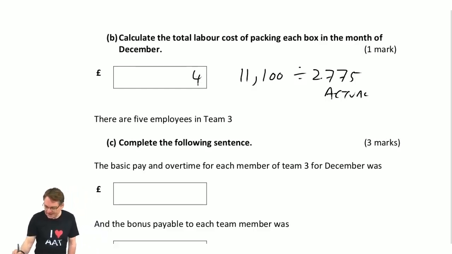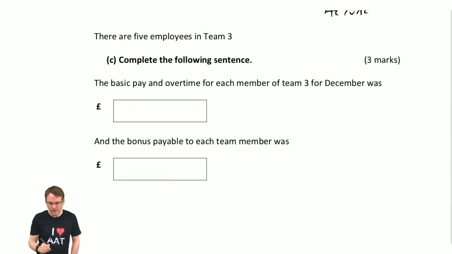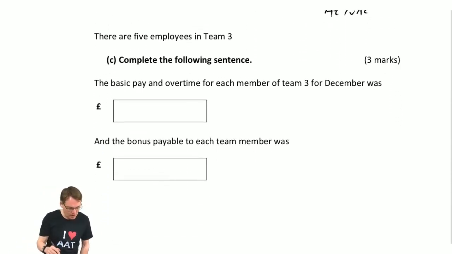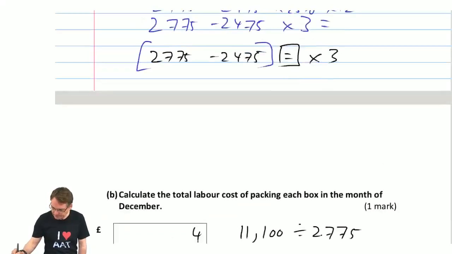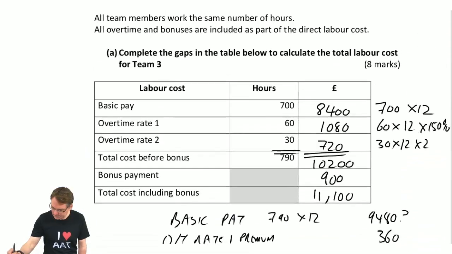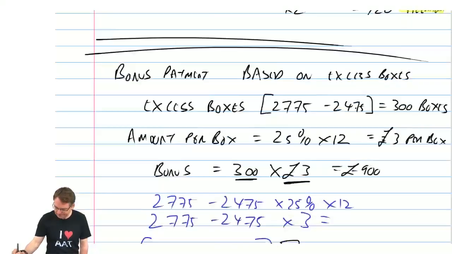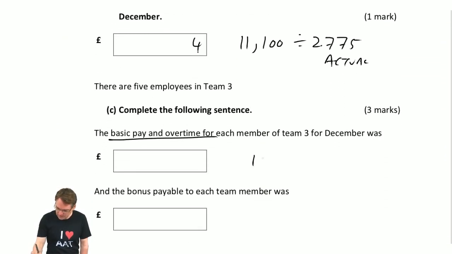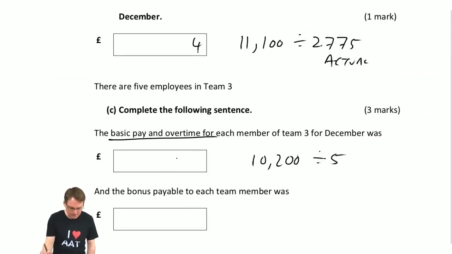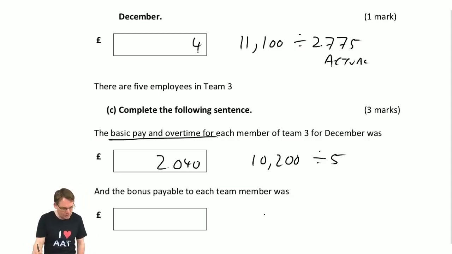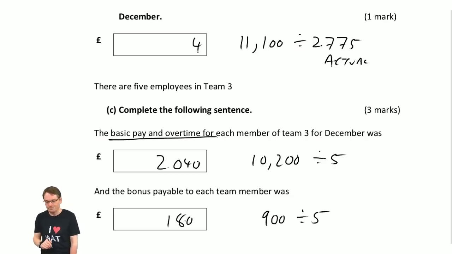The following sentence: the basic pay and overtime for each member of Team 3 was, the basic pay and overtime, 10,200. For each member, remember there's 5 people in the team, 2,040. The bonus payable to each person, we worked out the bonus was 900, split between the 5 people is 180.